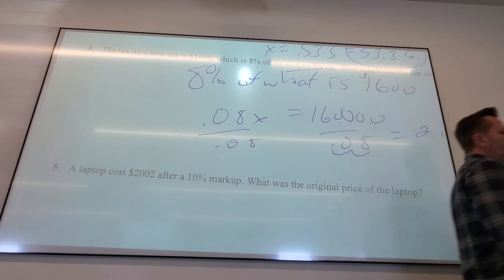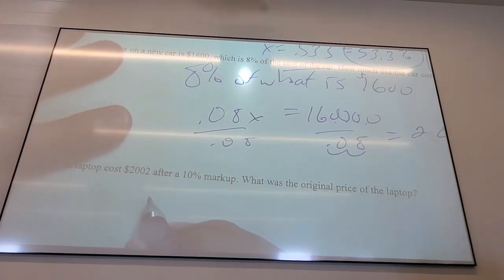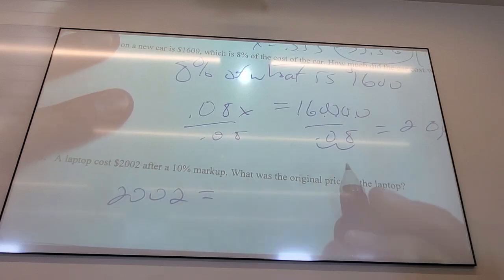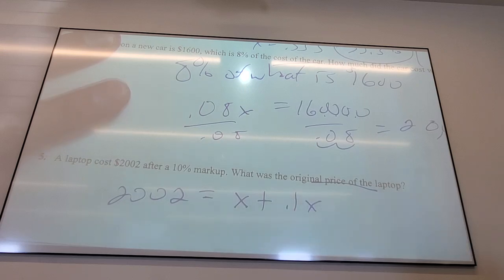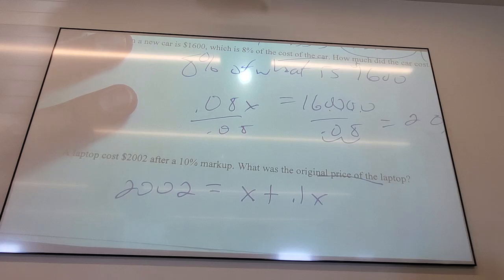Is that the only way to do this problem? No. But they all end up here. Let me show you the way you get there. A full price, because I don't know what the original price is, do I? Plus 10% of the price. Now what is x plus 0.1x?